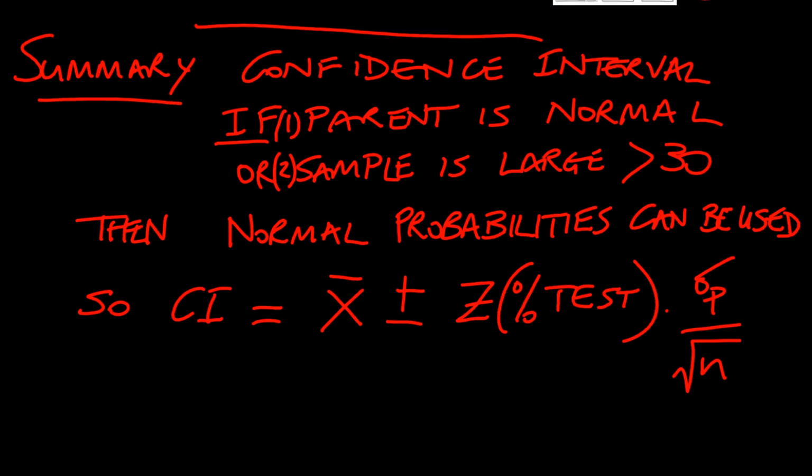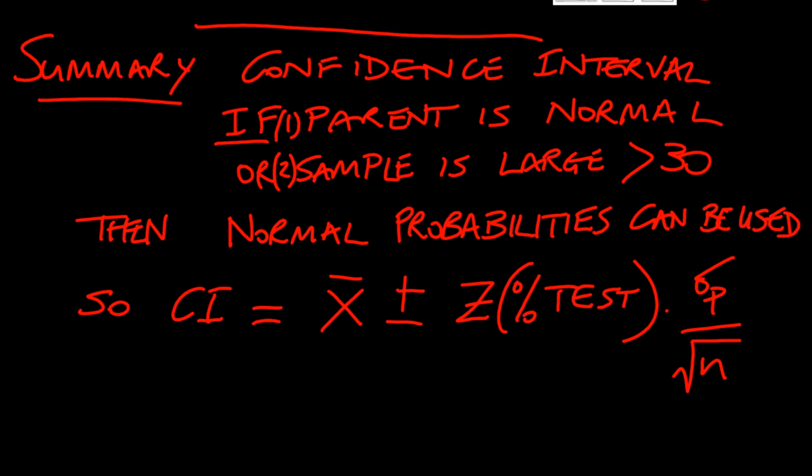Finally, here's a quick summary of confidence intervals and how to calculate them for this purpose. Just remember that if the parent is normally distributed or the sample is large, i.e. over 30, then the normal probabilities can be used.